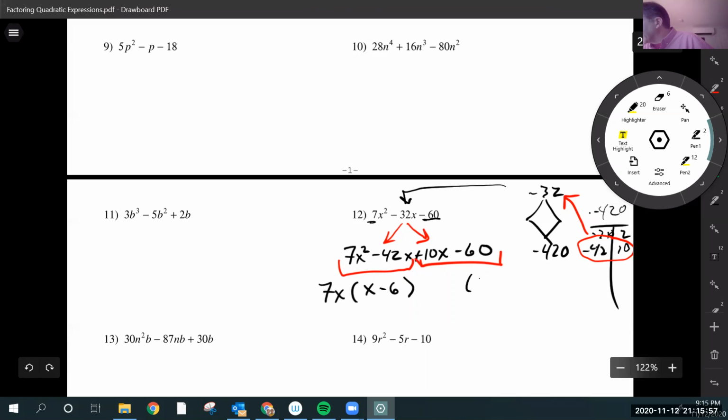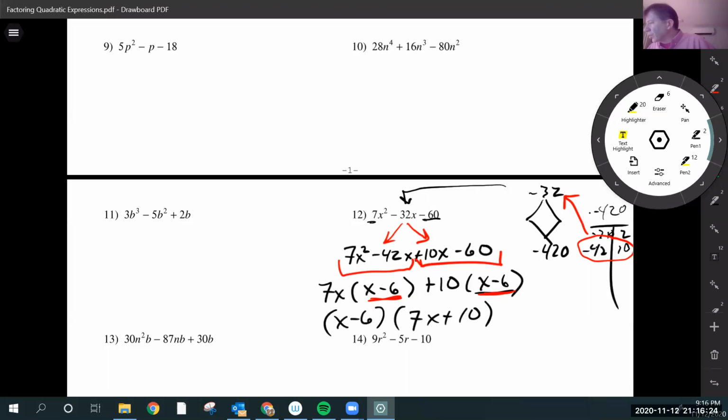So is there something I can pull out of the second two terms that leaves me with an x minus 6? And the answer is yes, 10. So now I notice I have an x minus 6 and an x minus 6. So I can pull out that x minus 6. And I am left with 7x plus 10.